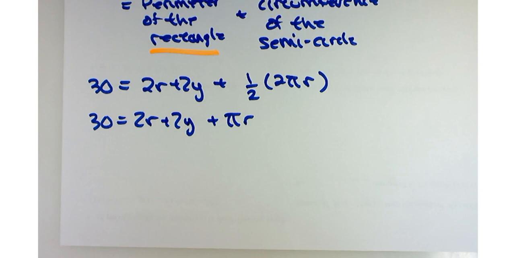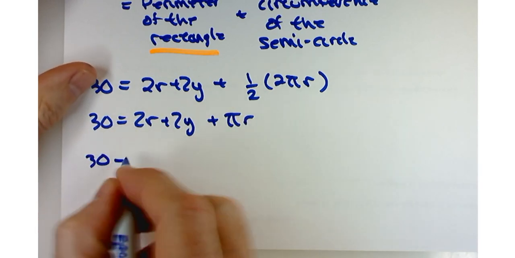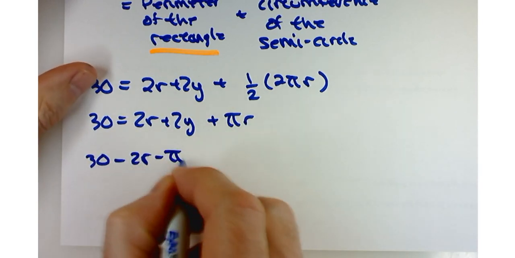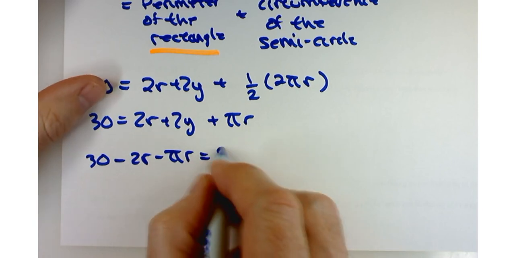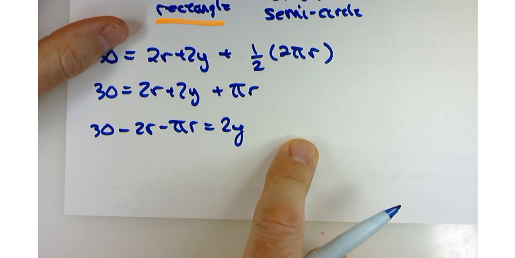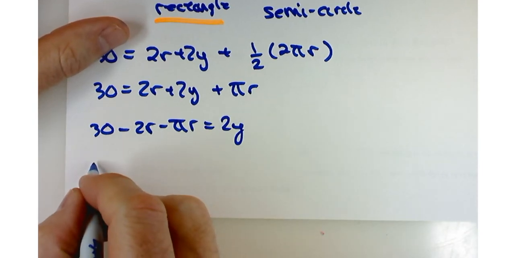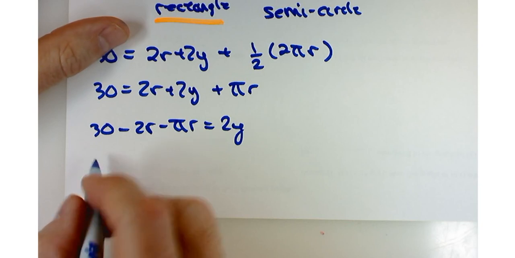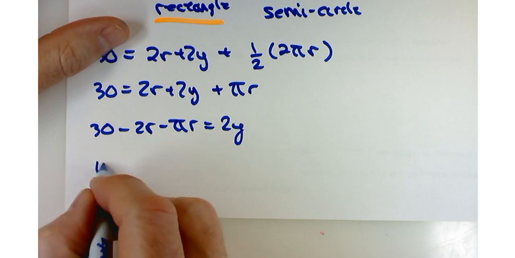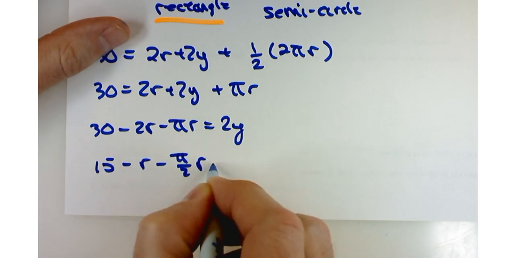Now what? Where am I going with this? Solve for y, thank you. Need to get y by itself, so I'll move these terms of r over to the other side. 30 minus 2r minus pi r equals 2y. If I divide everything by 2, we'll do 15 minus r minus pi over 2 times r equals y.